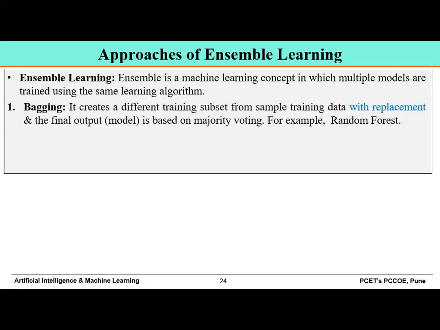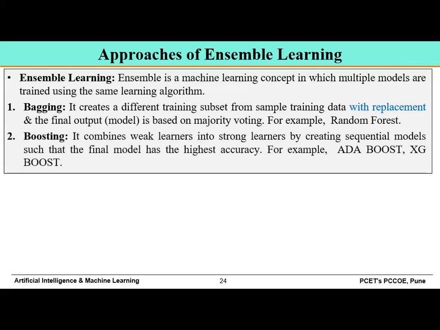Okay. Now, when we talk about ensemble learning, there are two subtypes: the first one is bagging, and the second one is boosting. Just read the definitions of bagging and boosting. From the definition, some of you may understand the meaning, and some of you may say, sir, it's very difficult to understand.